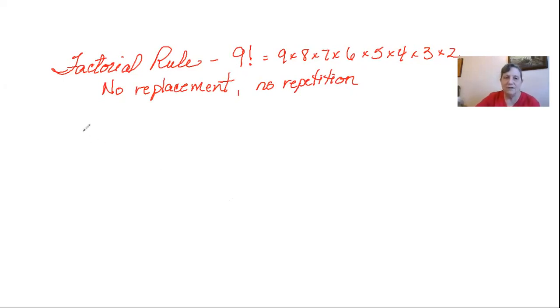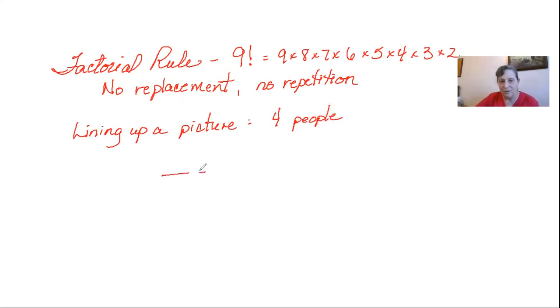For instance, if you're lining people up for a picture, let's say you've got 4 people. We're going to take a picture of all 4 of these people so that we're going to line them up side by side. So there are 4 people that could go in the first spot.